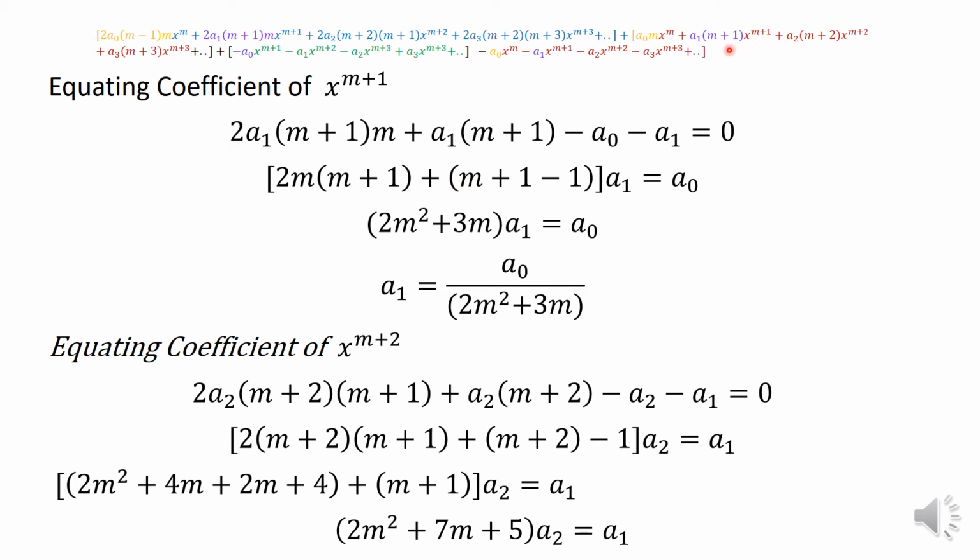Further, if you see this one, further is this one, minus a naught, and minus a1, this one, right? So now, because this is m, it is m plus 1.